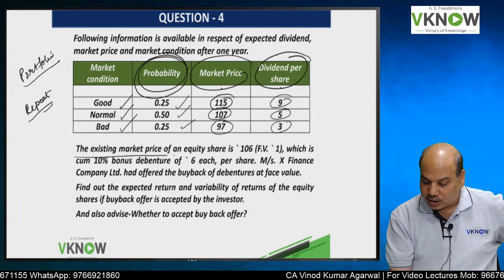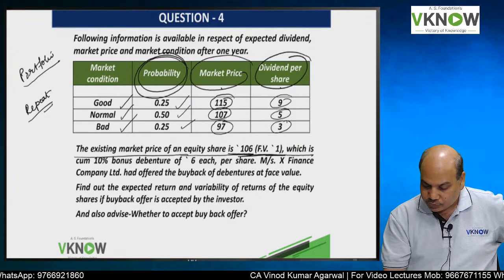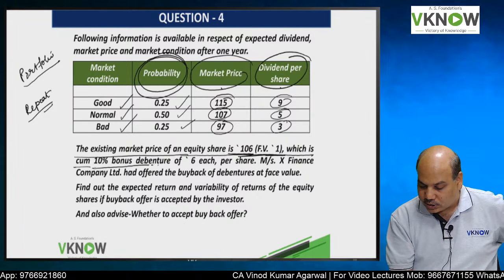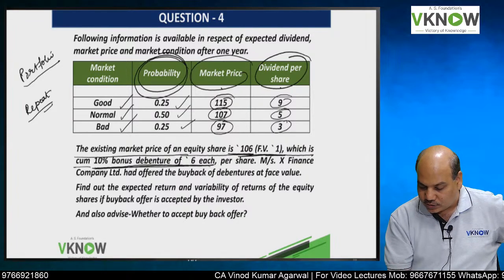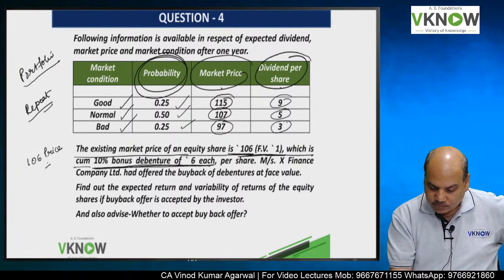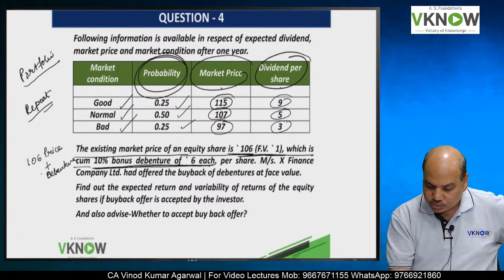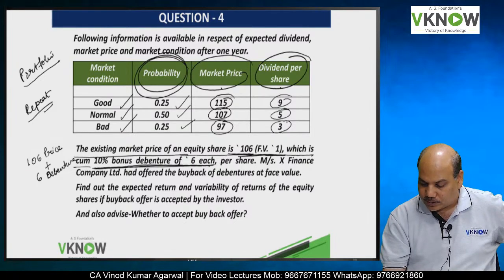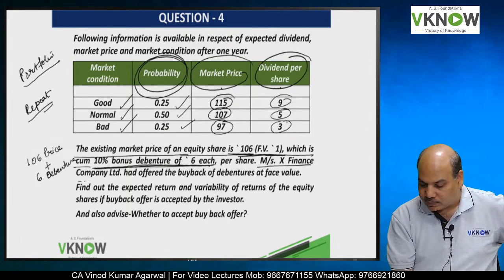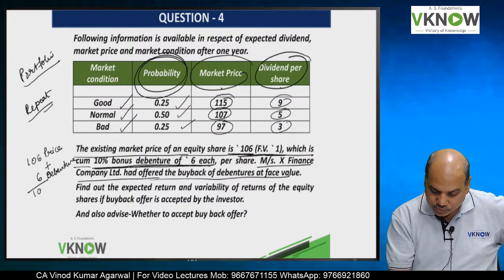The existing market price of an equity share is 106, face value 1, which comes with a 10% bonus debenture of rupees 6 each. So right now the price of the share is 106 plus you are getting a debenture whose face value is 6 rupees. Mr. X Finance Company Limited has offered the buyback of the debenture at face value.